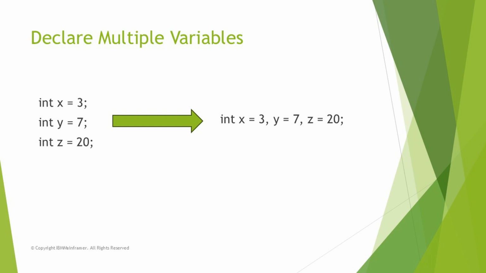Basically you can add a comma between each variable and declare it in a single line. So that's what I showed you in this example: int x equal to 3, int y equal to 7, then int z equal to 20. These three lines can be declared in a single line by simply adding a comma between each variable. So that's how we declare multiple variables in a single line.